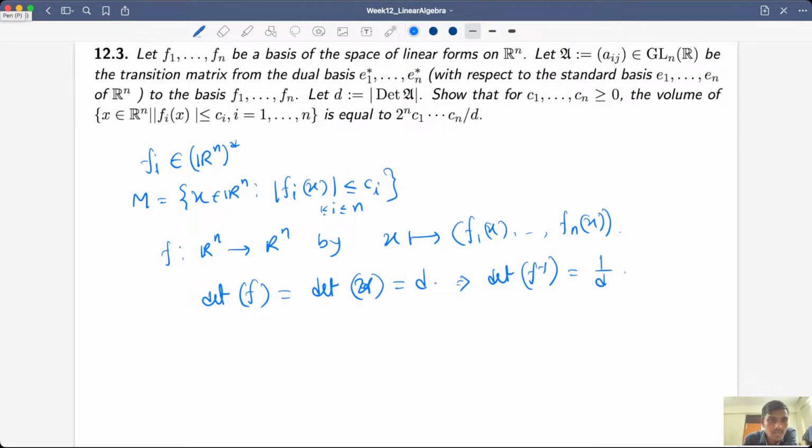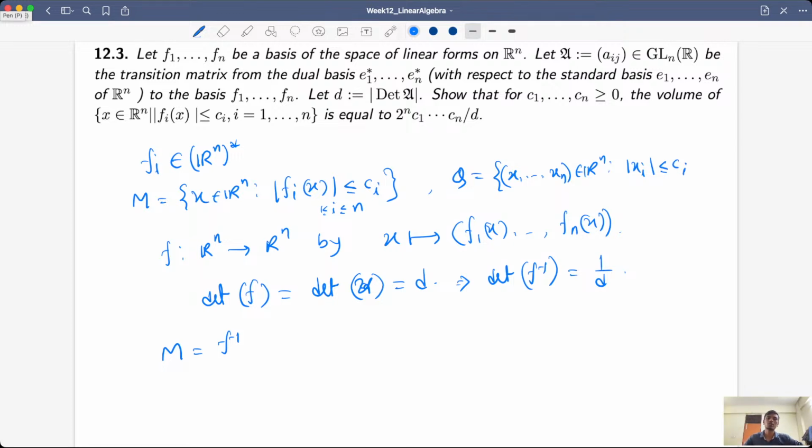And then this M is nothing but f inverse of the usual cube Q, which is x = (x1, ..., xn) in Rn such that |xi| is less than or equal to Ci.